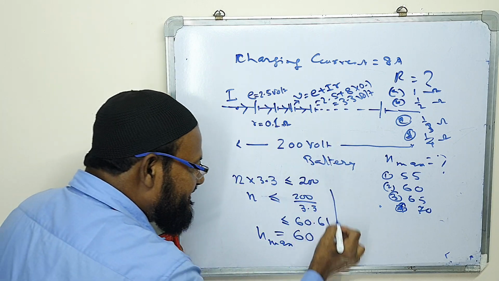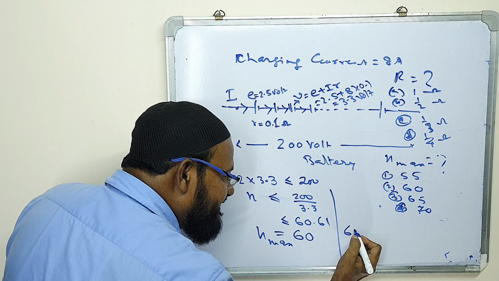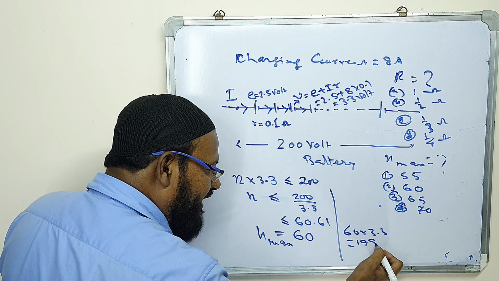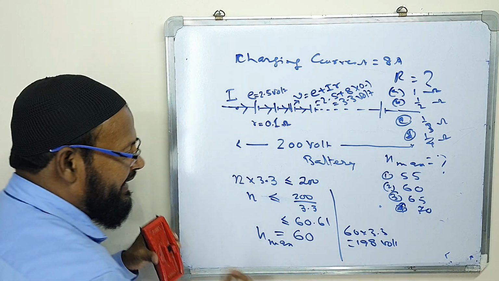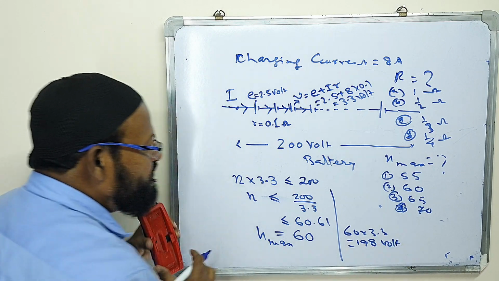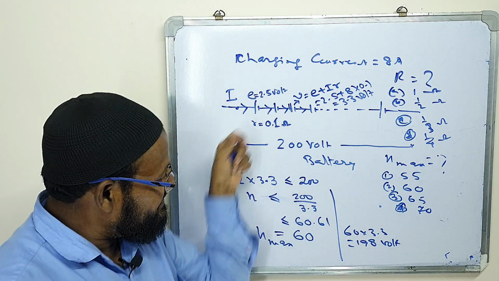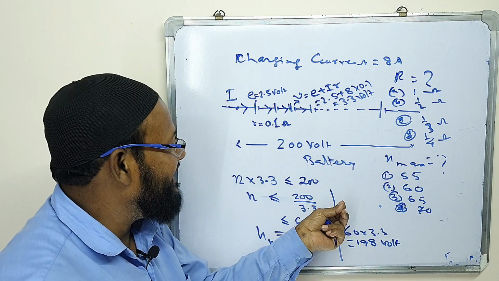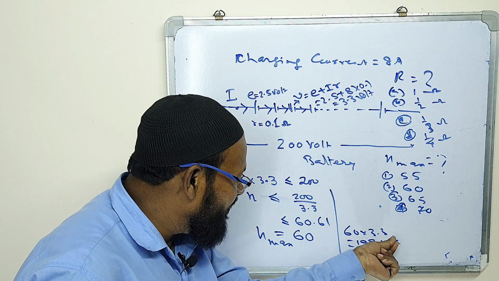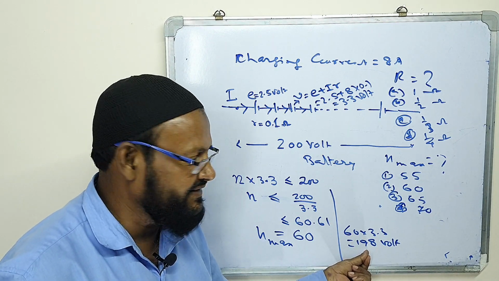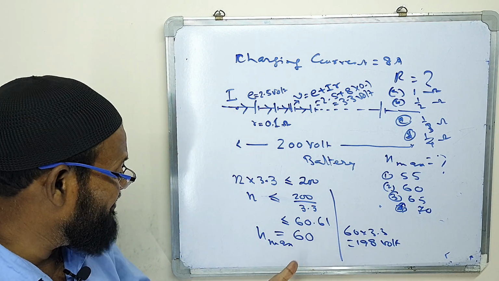When there are 60 cells, each cell takes 3.3 volt, so that is 198 volt. The battery has a maximum of 200 volt. If we take 61 cells, another cell will take another 3.3, which is more than 200 volt. It is not the answer. Therefore, what is the maximum number of cells?